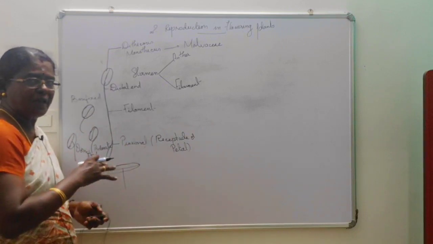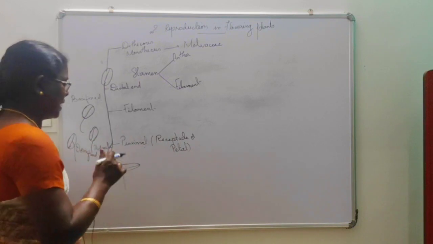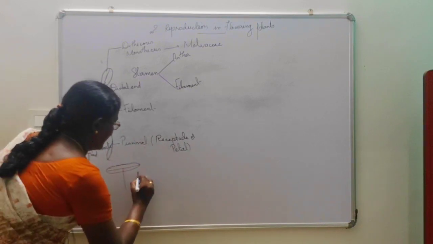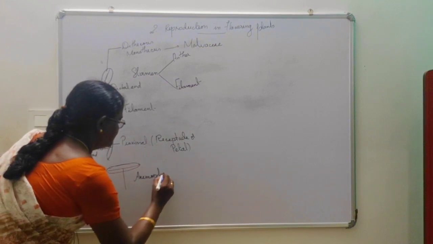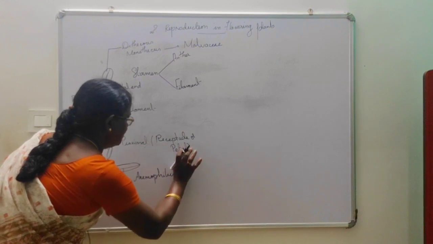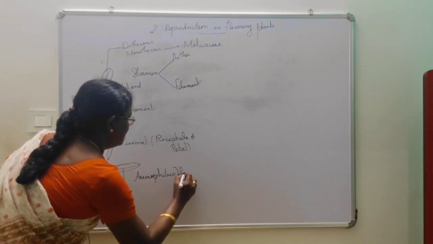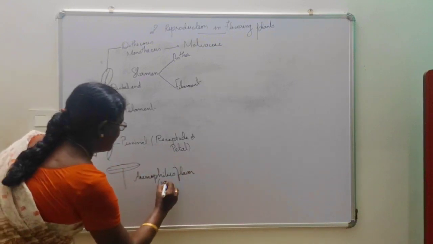This type of anther is a characteristic of anemophilous plants. Anemophilous flowers means pollination takes place by wind.